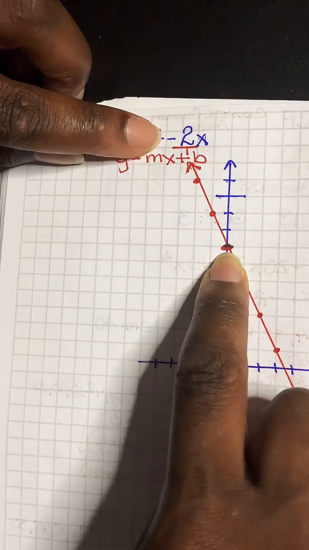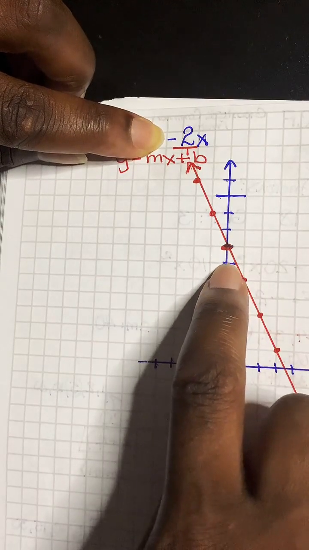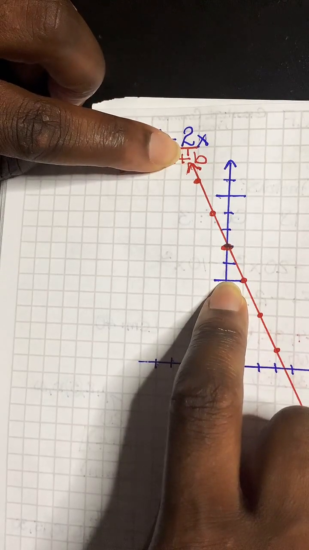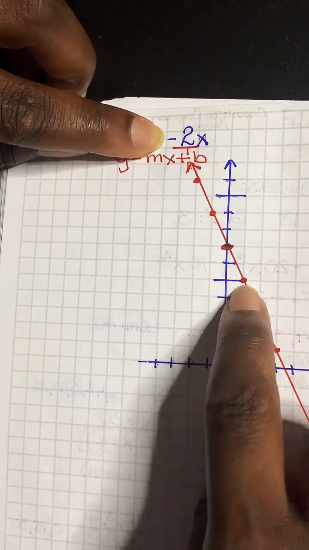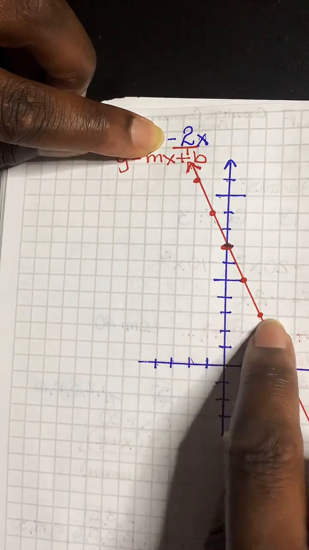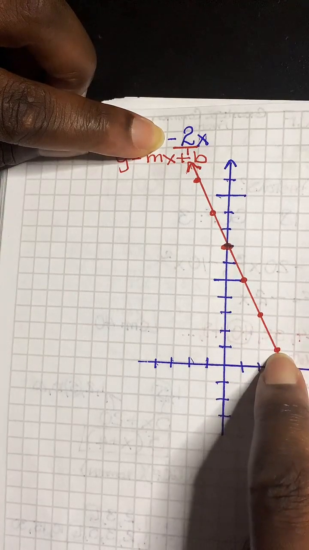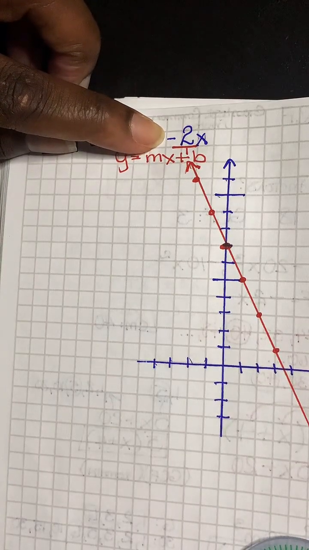If my rise is going in a negative direction, I'm going down 2, 1, 2, and then going to the right 1, since it's a +1. Repeat. Down 2, to the right 1. Some teachers will say, I need 5 points to make a line. Some people will just say, just give me 2.